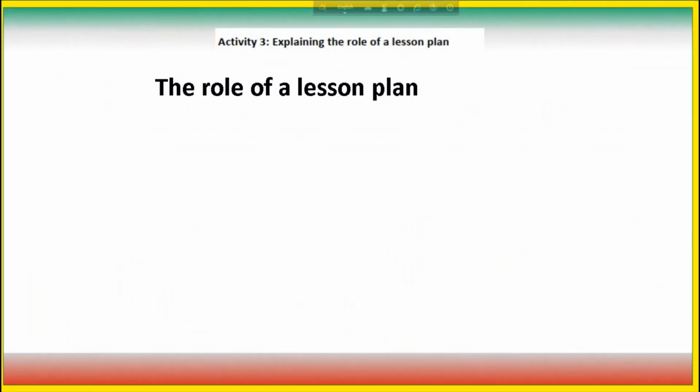Okay, and activity 3, explain the role of a lesson plan. Explaining the role of a lesson plan means we have to elicit what the role of a lesson plan is, what the importance of a lesson plan is, why we need a lesson plan, why lesson plans are very much needed by our teachers to deliver a good lesson.